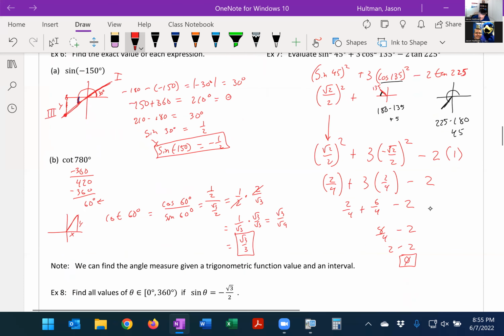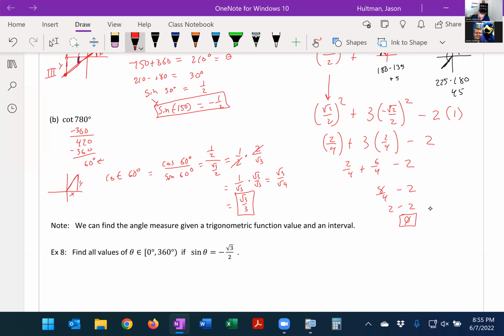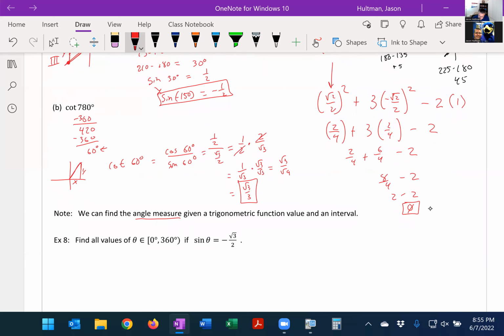Okay, note, we can find the angle measure given a trigonometric function value and interval. So we want to find the angle, kind of go backwards. If we're given the sine is equal to negative radical 3/2, then what are the angles that could produce that?